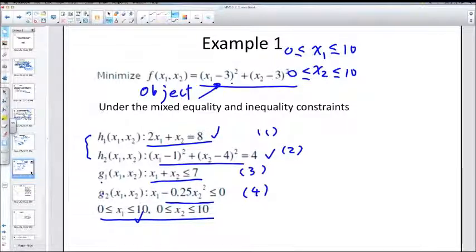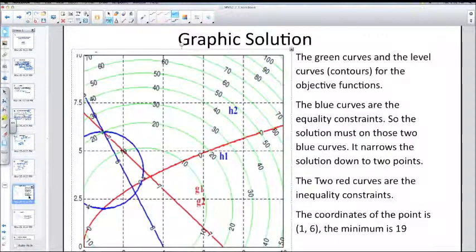The second one is a circle. That's the blue line. Since those are equations, in our case the two equations have only 2 points as the solutions because they are in 2D.